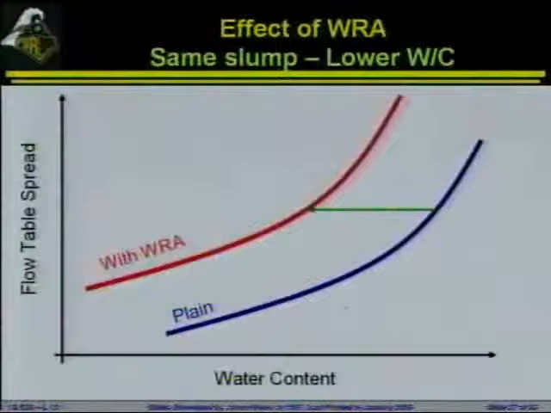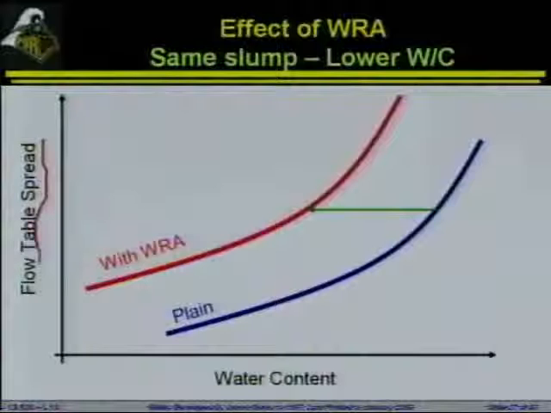So what is it that we mean here? The first case is having the same slump and getting a lower water-to-cement ratio. The basic idea here is slump is shown here as the flow table spread. This is the same type of idea. It's a measure of workability. We've got a curve that represents what happens when you've got a water reducer, and what happens when you've got a plain water-to-cement ratio, or plain system.